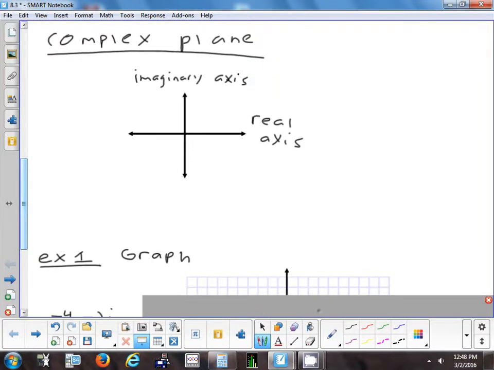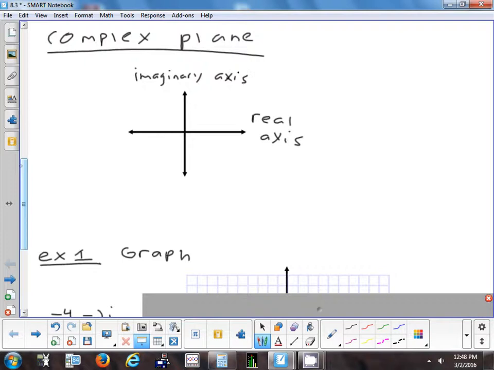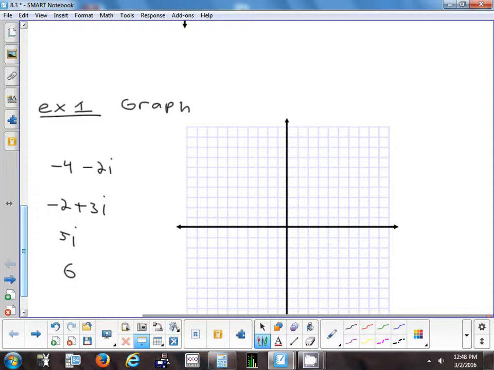So for our first example, we're just going to look at some different points and graph them. Does everybody have the diagram of the complex plane? All right, so let's graph these 4 points. Looking at that first point, what is my real part?